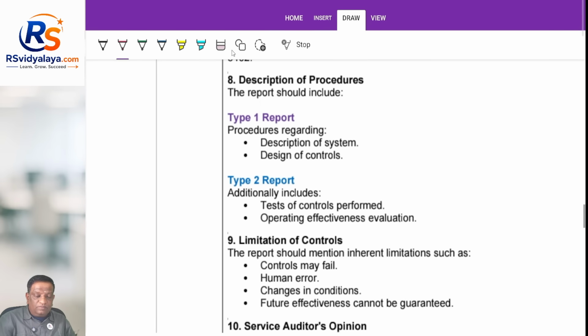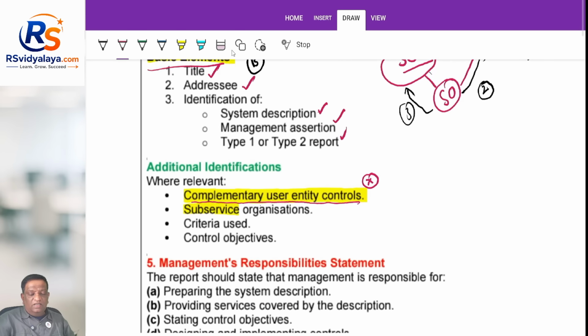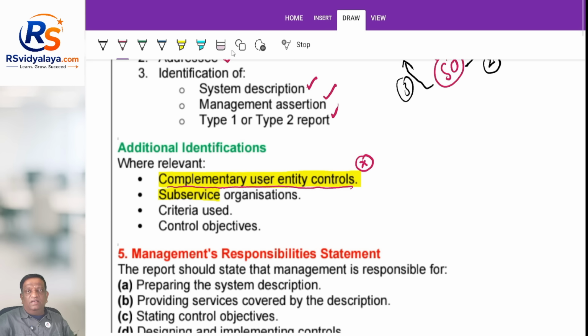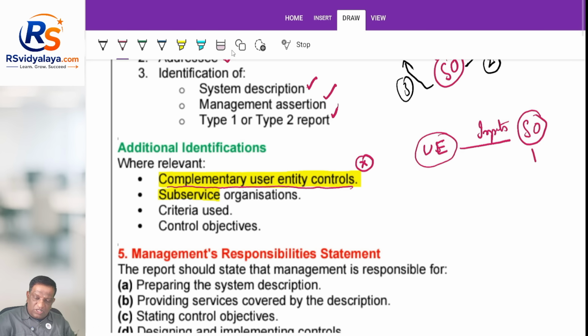Now, why is it relevant? Let me use the same word throughout the standard: the user entity is giving inputs to the service organization, and the service organization processes the data based on suitable criteria and then forwards the output to the user entity.